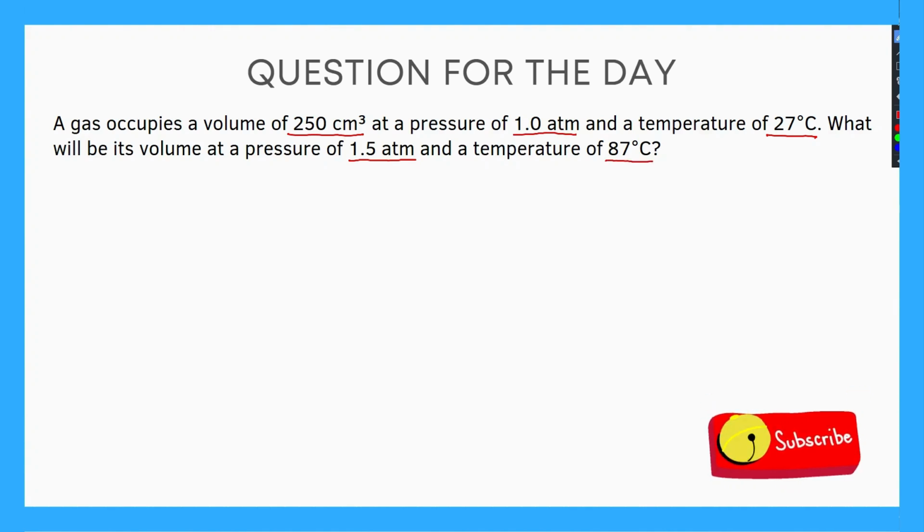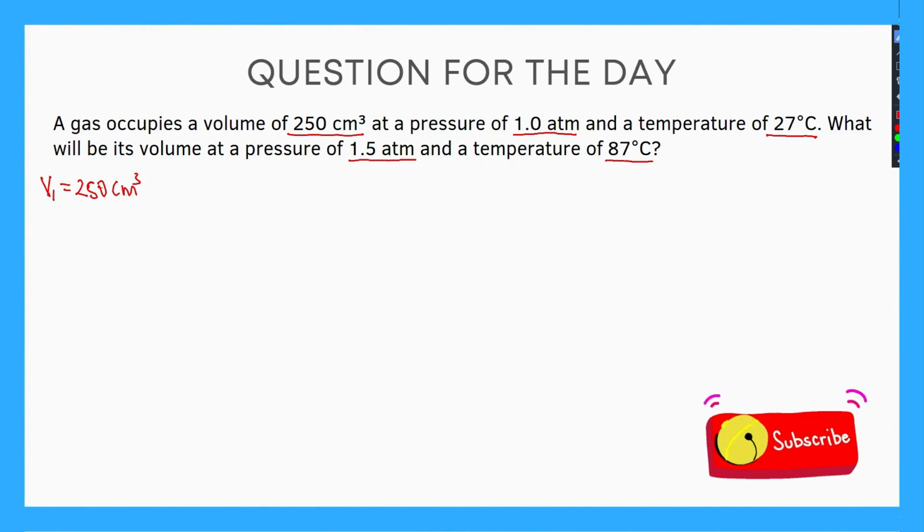So let's do this question by taking each step one after the other. First things first, we want to list out all the variables so we can know what we're looking for. They started off by telling us that the gas occupies a volume of 250 cm cube. So the initial volume, which is V1, is 250 cm cube.